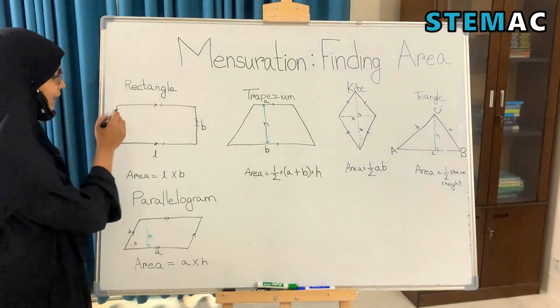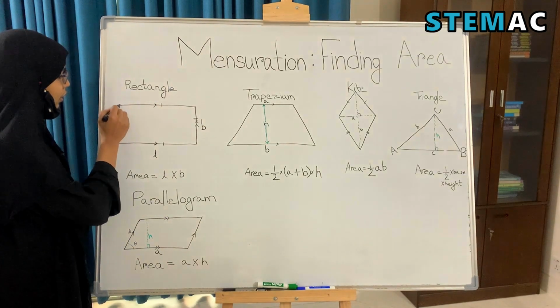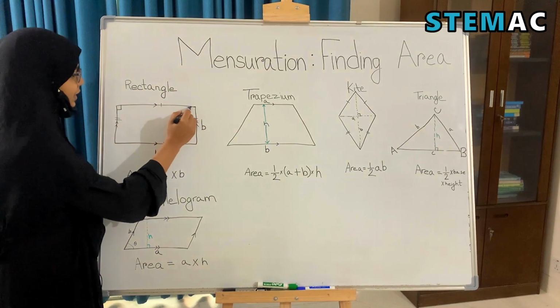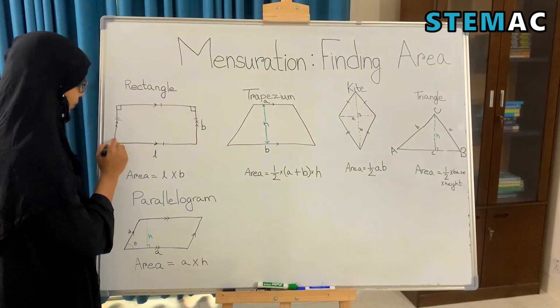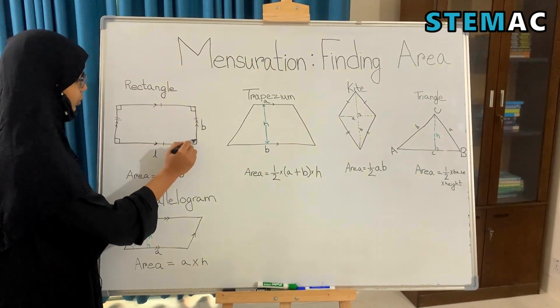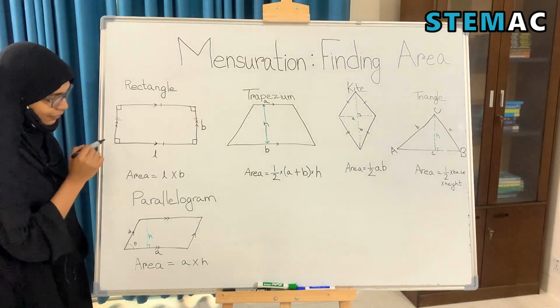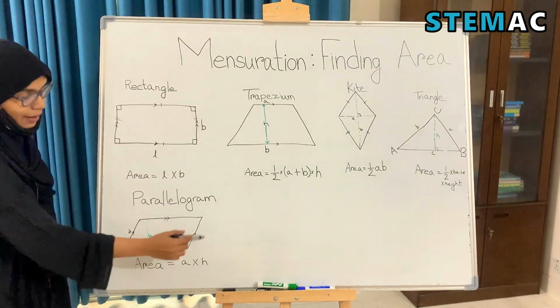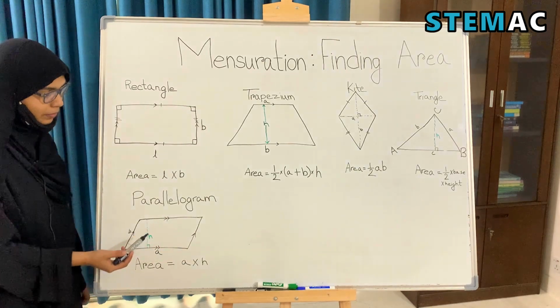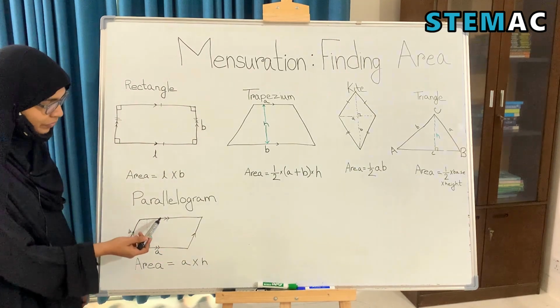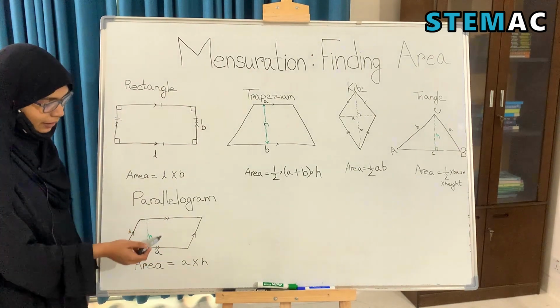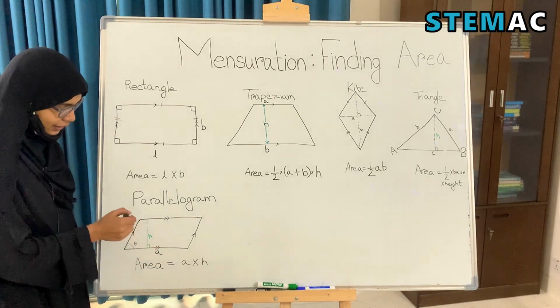Also, another thing is that the four vertices are 90 degrees. That is what a rectangle is. If these four vertices are not 90 degrees, it would have been a parallelogram, because in a parallelogram the opposite sides are parallel and equal in length.